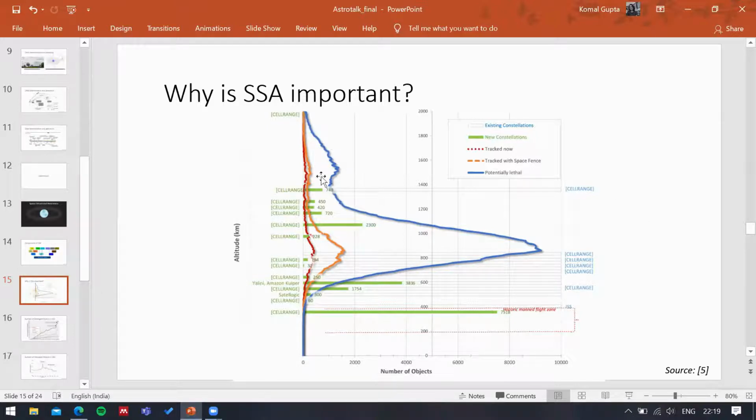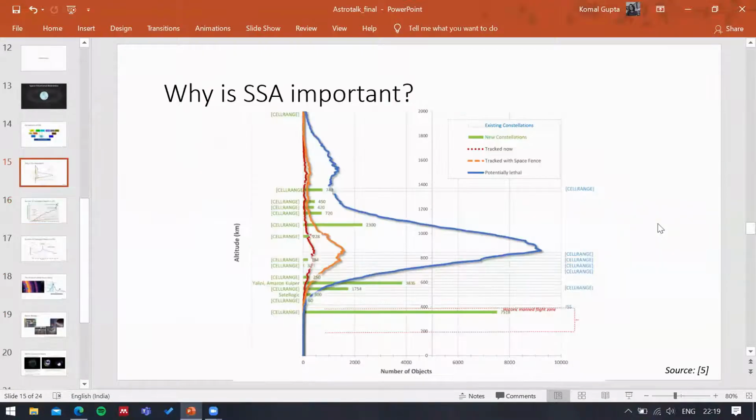And the blue line, which is far beyond either of these two, is the amount of potentially lethal debris or objects that we have orbiting the Earth.